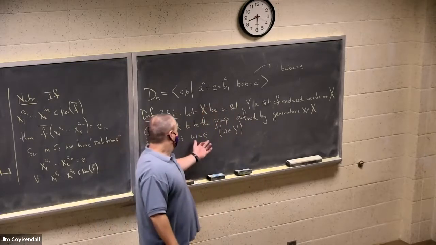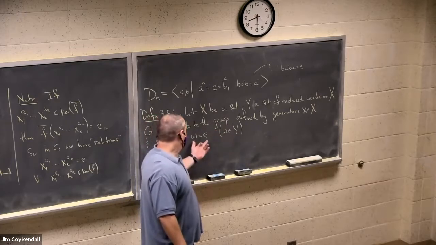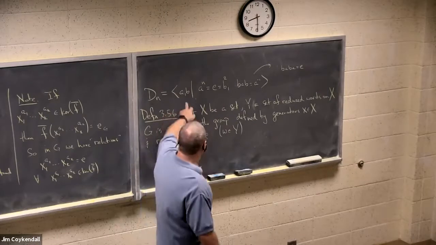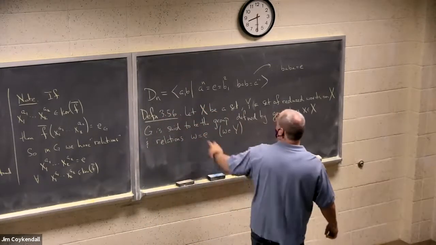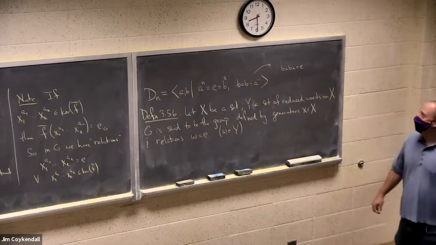Right, so what you do is you collect all the generators in my set X and all the relations. These are the words that equal the identity. So with that dihedral example up here, my generators would be a, b, and my words would be a^n, b squared, and baba.